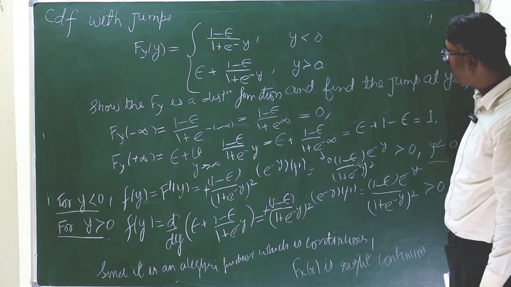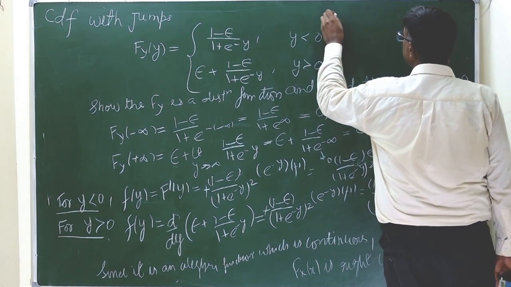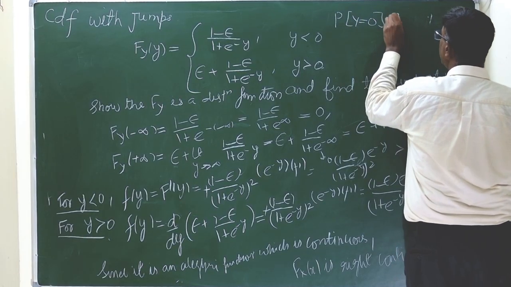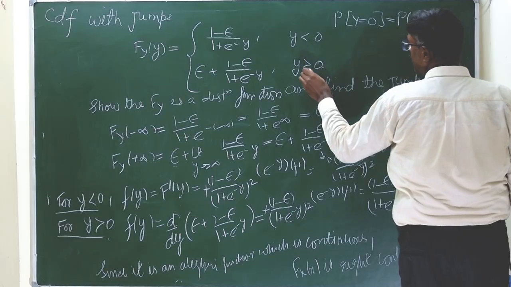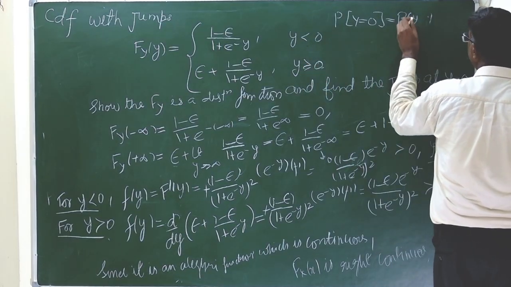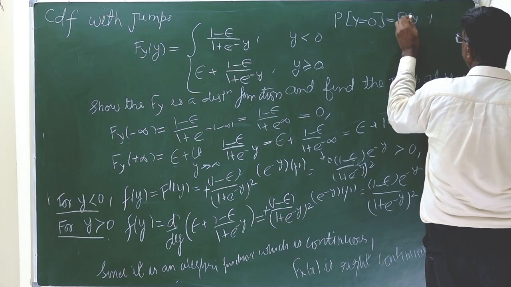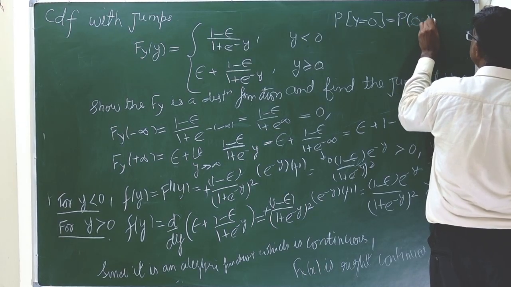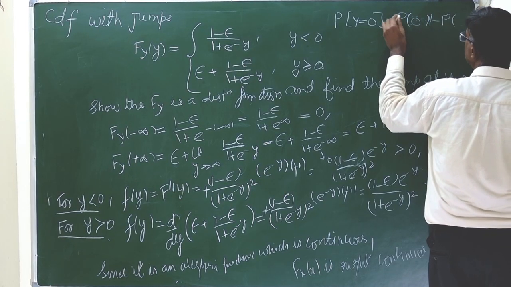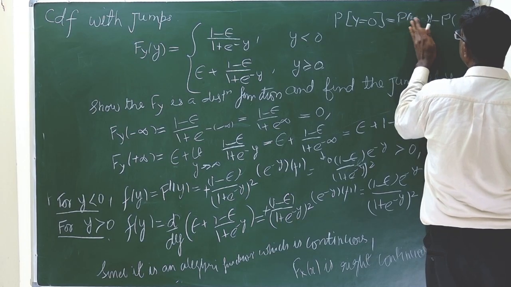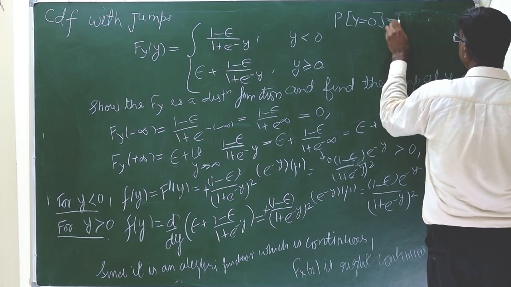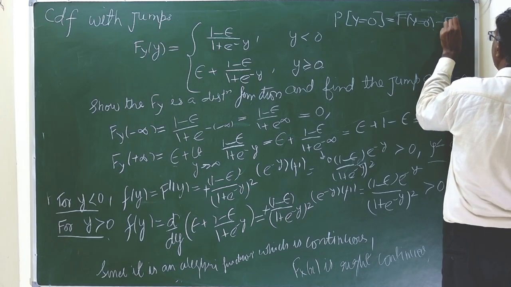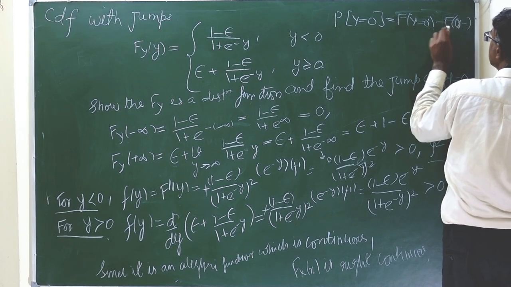Now we will compute the jump. The probability of the jump at 0 will be equal to the probability of Y equal to 0, that is, P(Y at 0 plus) minus P(Y at 0 minus).